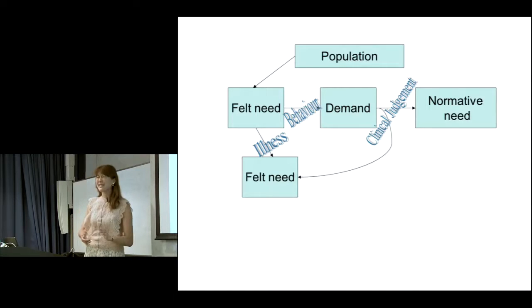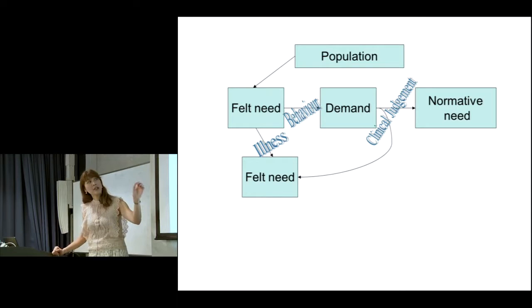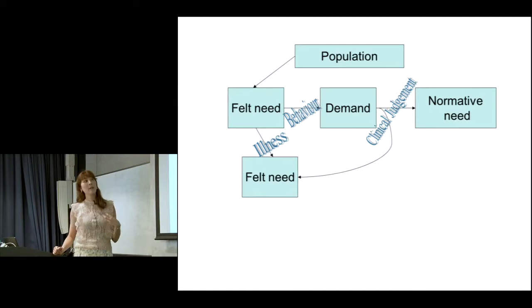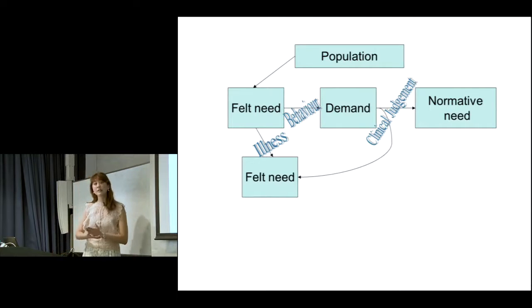Or they say, you can sleep it off, it's nothing serious, don't worry. That's clinical judgment. And that can turn your need into a normative need, so a need for healthcare, objectively concluded by the doctor or the clinician.